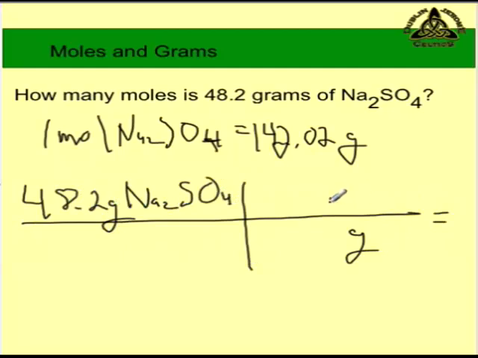I have to put moles of Na2SO4 here so that my units cancel. 1 mole of Na2SO4 is equal to 142.02 grams.